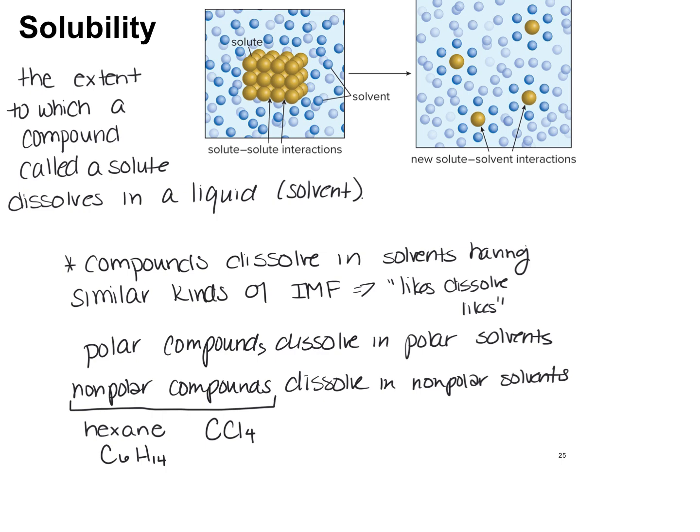Okay, so those are some of our common nonpolar solvents. Weakly polar compounds will also dissolve in nonpolar solvents. So for example, your book says nonpolar compounds or weakly polar compounds.